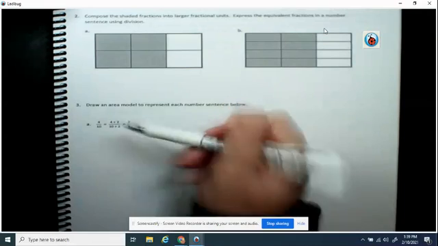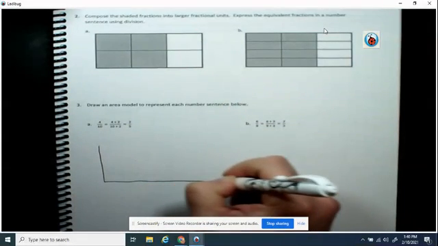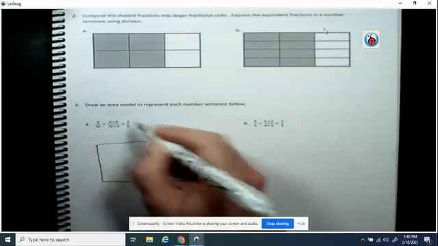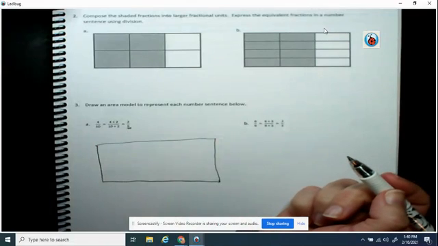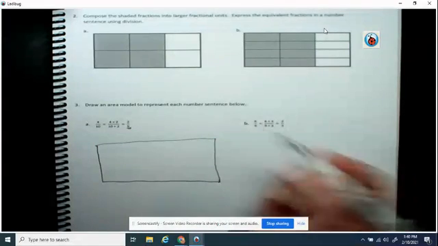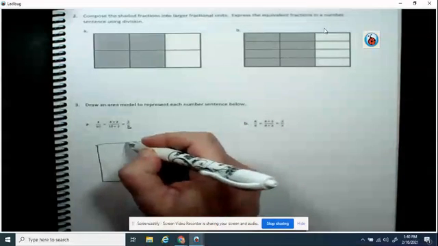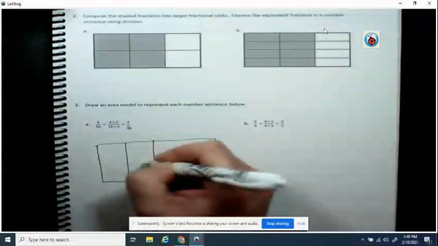Okay, so if I had 4/10 is equivalent to 2/5. So the first thing I'm going to do is I'm going to draw a rectangle, and I'm going to look actually at my simplest fraction, and I'm going to draw my simplest fraction first, okay, because I want my fifths, my simplest part of the fraction, to be what goes down. 1, 2.